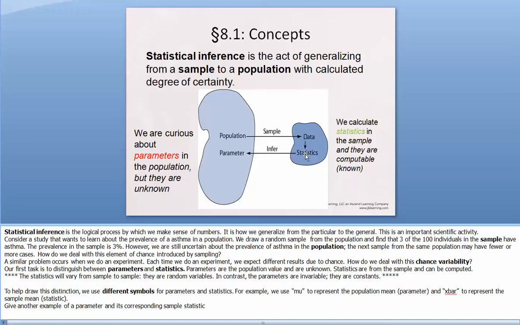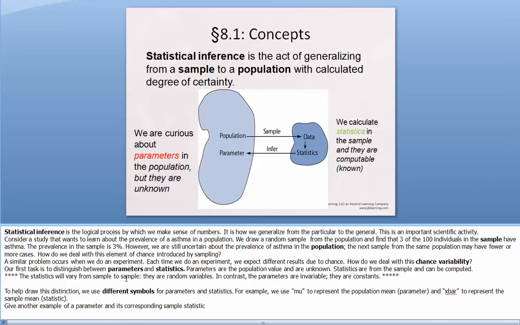In fact, from one sample to the other, the statistic value will vary, right? But the nice thing about the sample statistic is that it is computable. So if you get a good enough sample which represents the population in a reasonable manner, whatever statistic we get, we could be happy with. Now the statistics will vary from sample to sample.